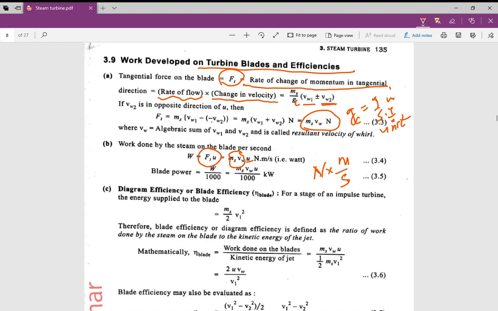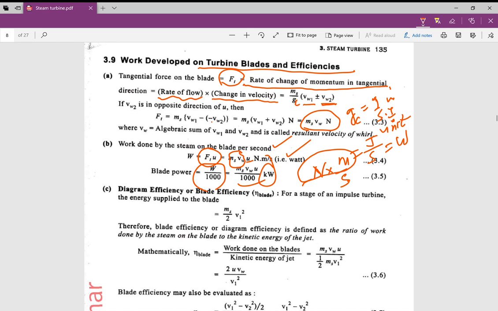So Newton meter is joule, divided by second, that is watt. So work done per second is watt, right? To convert into kilowatt, you can divide it by 1000. So this is your output power.